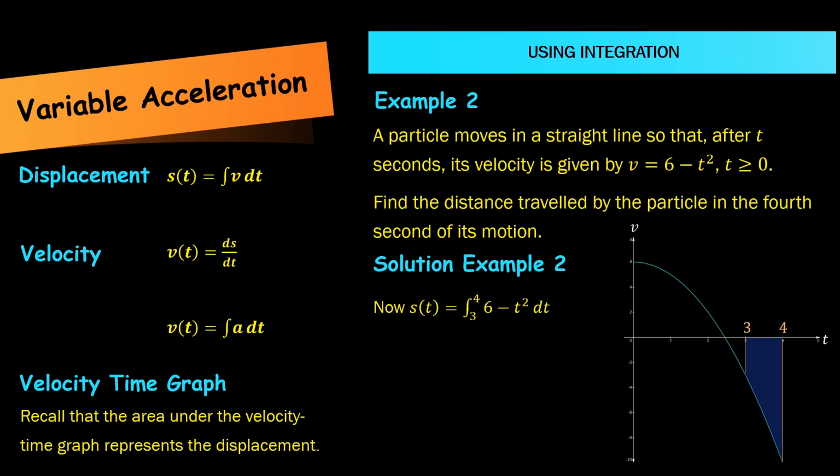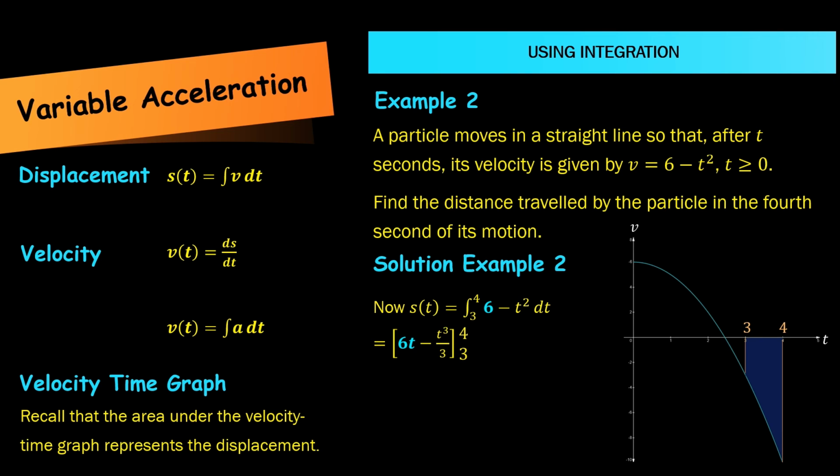Now s of t equals the integral of v with respect to t. So in our example, this is integral 6 minus t squared dt, and we're looking between the limits 3 and 4. So therefore, if we integrate, we obtain this expression here.